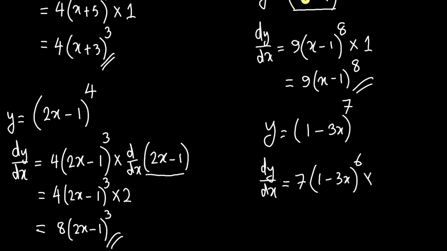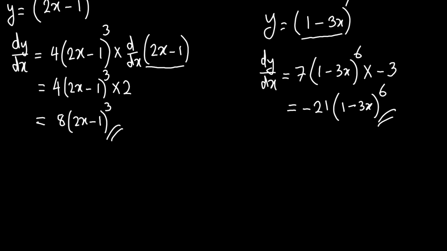Then inside the bracket, if we differentiate, we definitely get -3. We do not even need to write the whole term as d/dx. So in two lines you can get our answer. Finally, -3 times 7 is -21, so -21(1 - 3x)^6. This is our answer for this question.